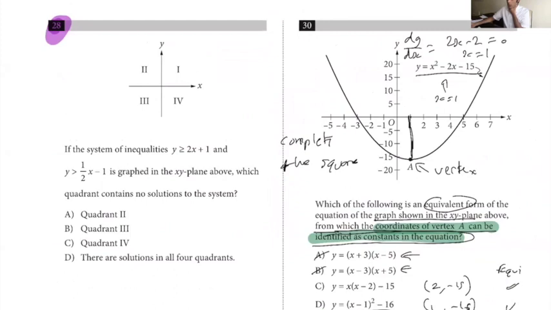Let me start this. We are in the calculator section, so just remember that.